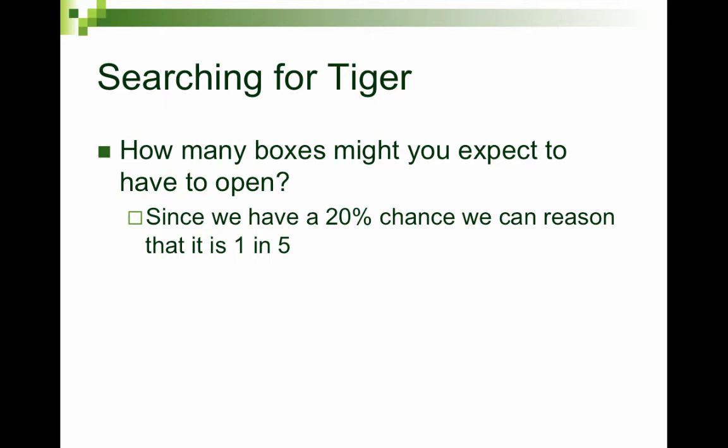So 1 out of every 5 boxes is going to contain a Tiger Woods card. This would mean that we would have to open 5 boxes of cereal on average. That's going to be our mu, our mean, which is equal to 1 over 0.2, which is equal to 5. So 1 divided by your probability is how many you would expect to have to open.